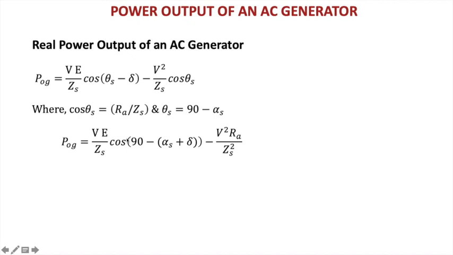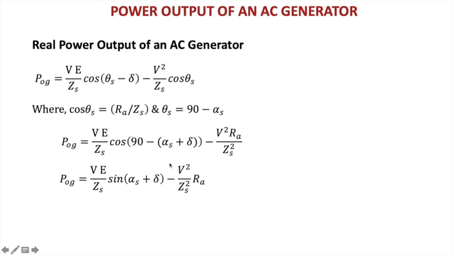Substituting theta s equal to 90 minus alpha s, and rearranging the equation, you will get POG is equal to V by ZS, and cos of 90 minus theta will be sine, so you get sine of (alpha s plus delta).